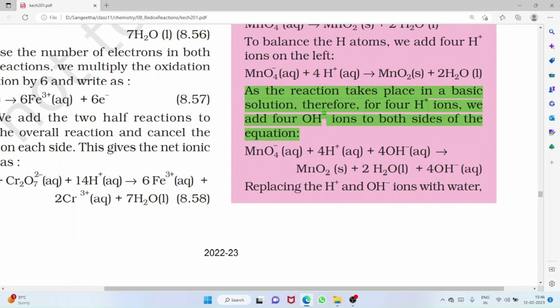As the reaction takes place in basic solution, therefore for the 4H plus ions, add 4 OH minus ions on both sides of the equation. Now this H plus and OH minus will combine and become water. So there will be 4 H2O molecules here, and on the right side 2 H2O molecules. So 2 cancel out, and net on the left side 2 H2O will be there.